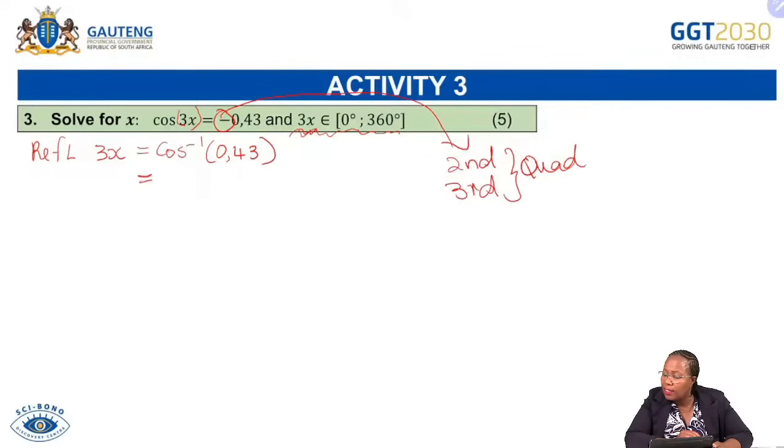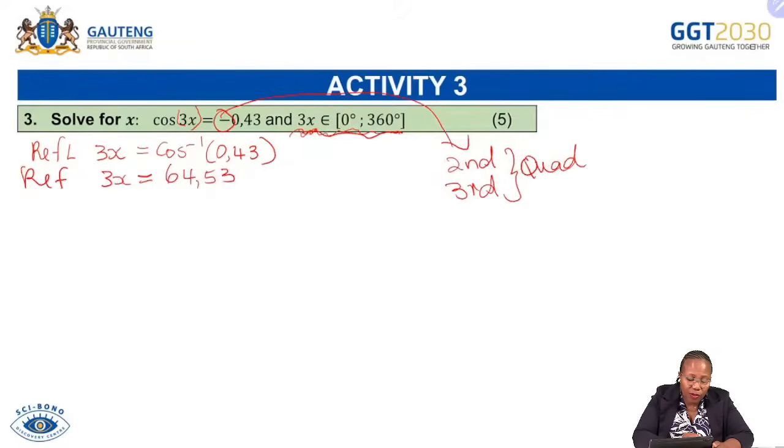It is giving us how much? 64,53. Remember, this is the reference of 3x. Does it lie within the interval? Yes, because 64 is within the interval. And then now we can take this into the quadrants. Remember, this is the reference, it's not yet your solution. So you are going to solve in the second quadrant and the third quadrant.